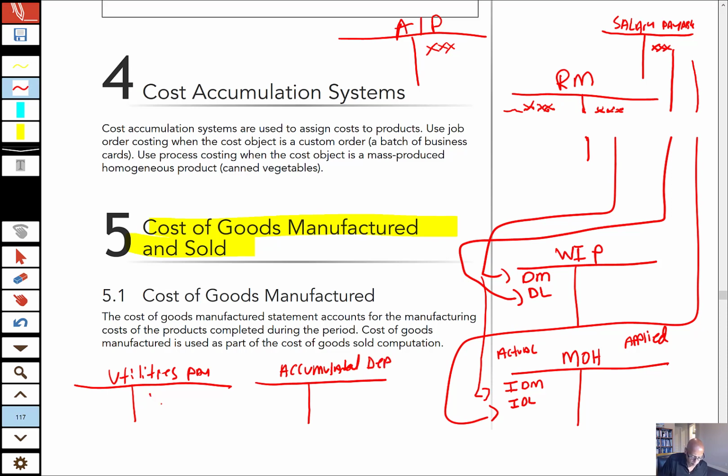I don't want to go on and on, guys. I think that you get it. I'll do one more. We have our rent payable, if it was the rent on the factory building. Last one, property taxes payable. Sometimes you have to have the sanity to stop with things, so I'm going to stop there. And of course, these are all credits.